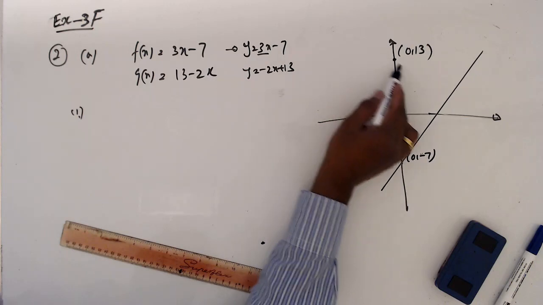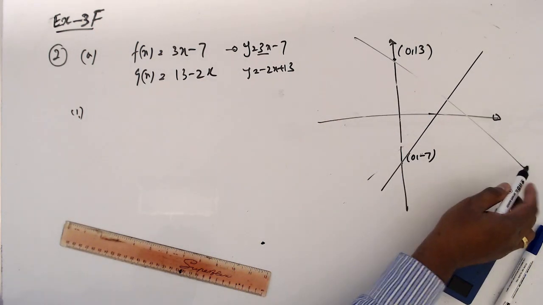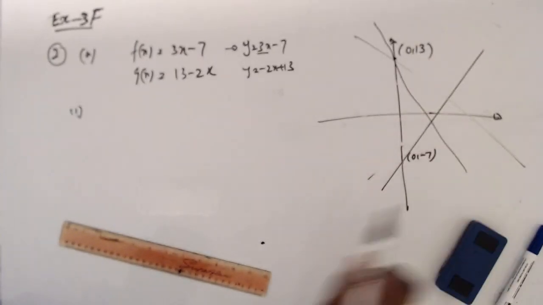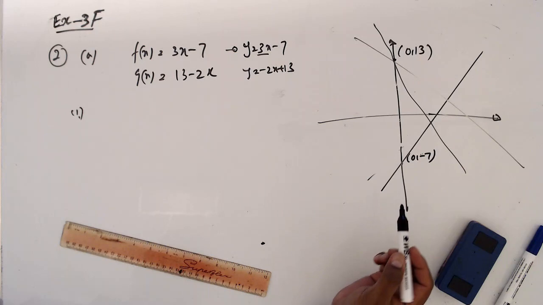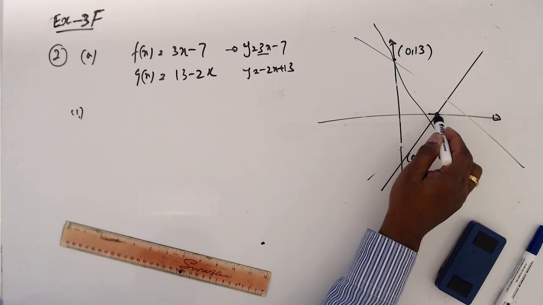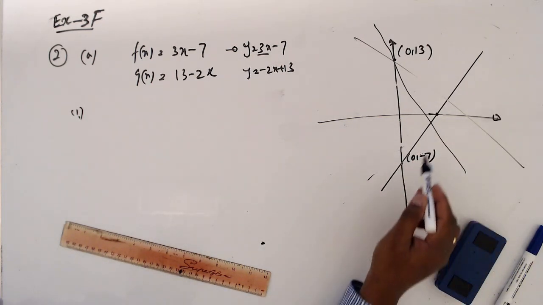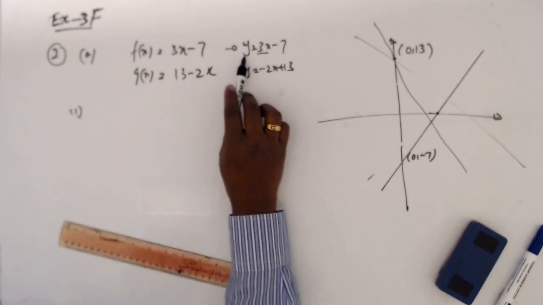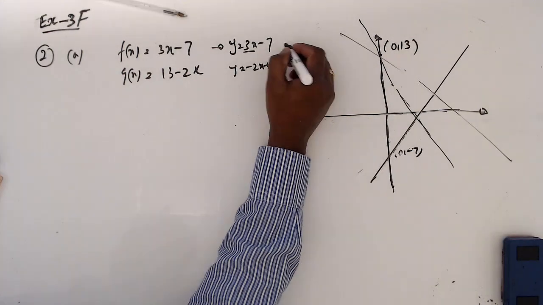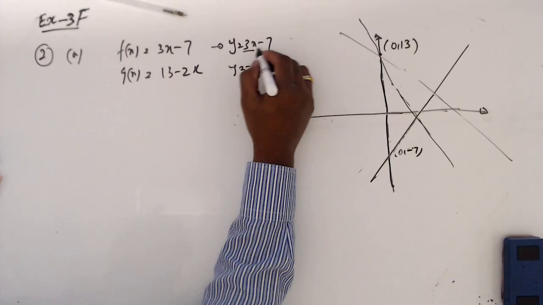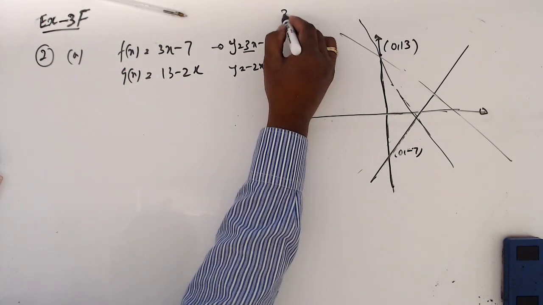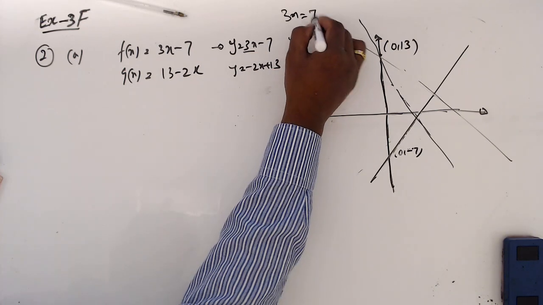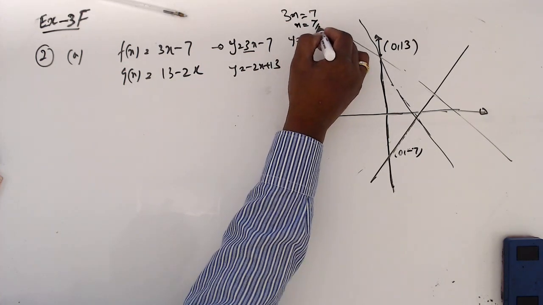Now I have two options. Either I can draw like this above the x-axis or below the x-axis. Now I want to determine whether it is above or below. For that I need to know this point, where the y value is 0. When y equals 0, 3x minus 7 equals 0, so 3x equals 7, x equals 7 divided by 3.